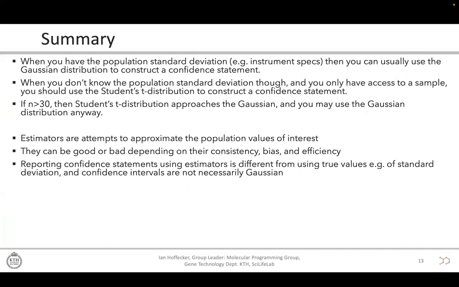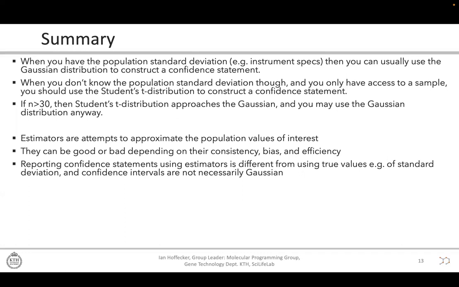So to summarize, we have this idea of population, and if we know the standard deviation, for example, an instrument with reported specifications, then we can straight away use the Gaussian distribution to construct some sort of confidence interval. But in cases when we don't know the population standard deviation, we only have a sample.